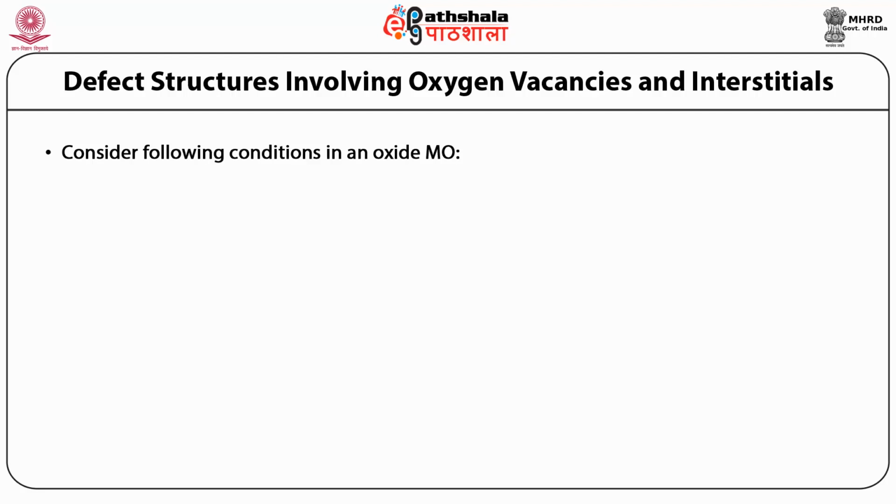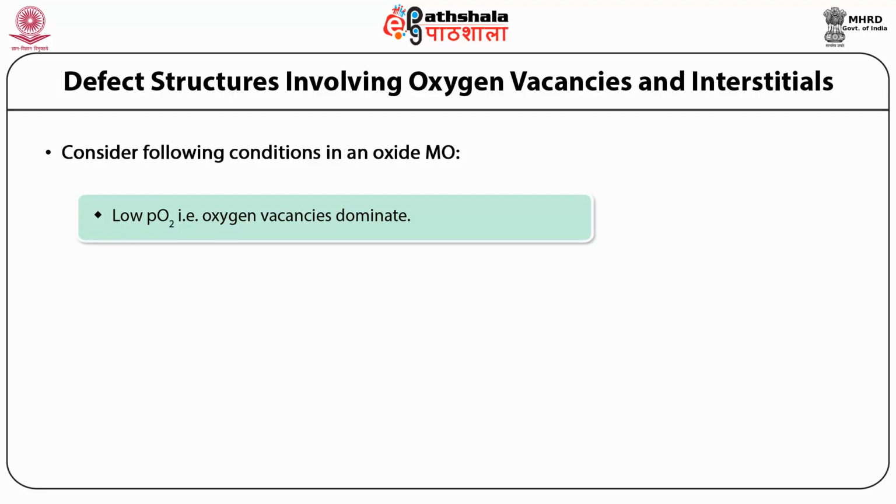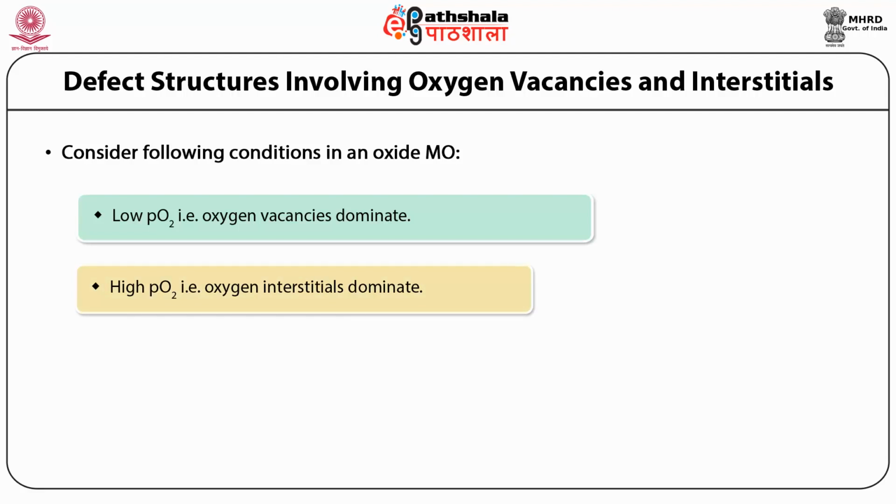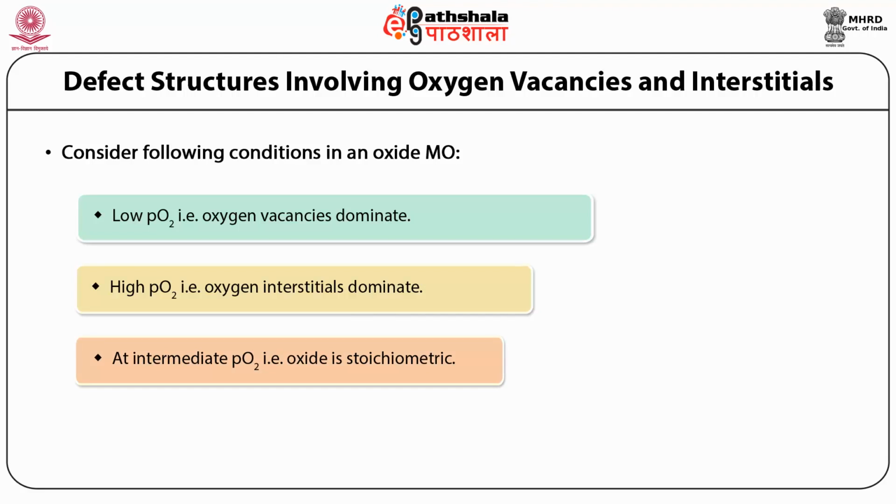The first is low partial pressure of oxygen, where oxygen vacancies dominate. The second is high PO2, where oxygen interstitials dominate. The third is an intermediate PO2, where the oxide is stoichiometric.